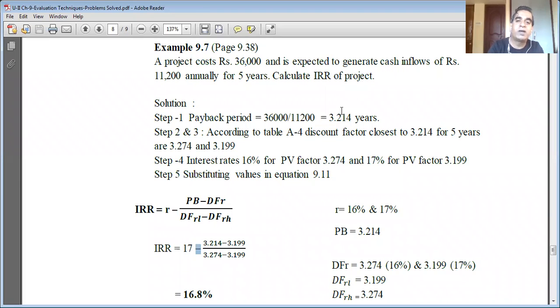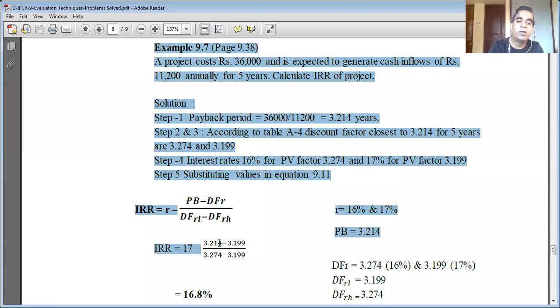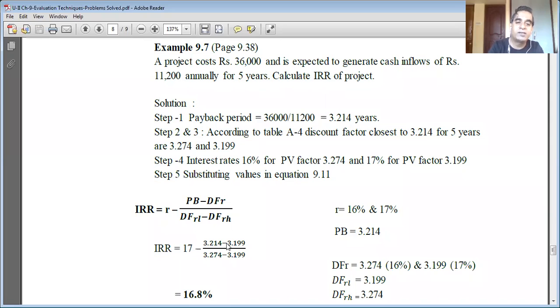Payback period, as we calculated, is 3.214, minus DFRH. DFRH is the present value factor for the higher rate of interest, that is 17%, 3.199.